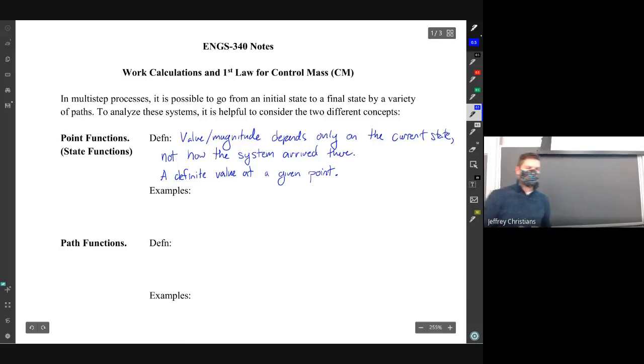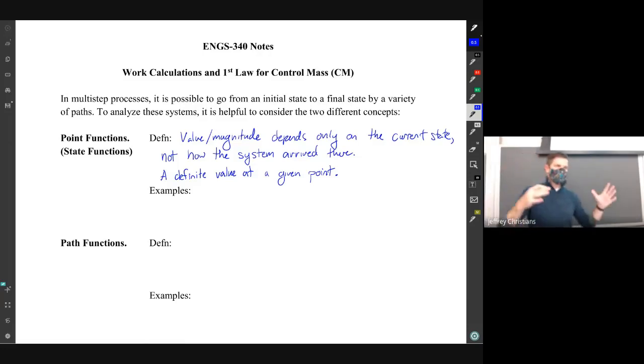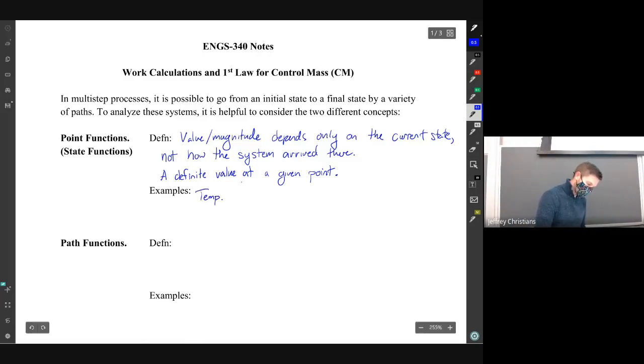at a given point. I'm not very good at definition writing, because I called it a point function or a state function, and then I used point and state in the definition of it. So it's a little bit of a circular definition, but hopefully it gives you a picture of what we're talking about. If I tell you two things about the system, these are all the other things that you could look up. So this is things like temperature, pressure, density.